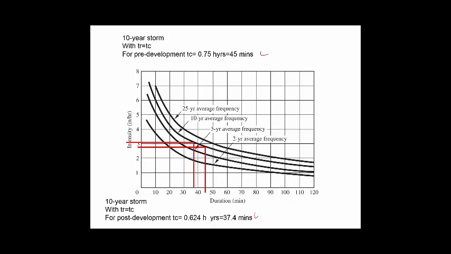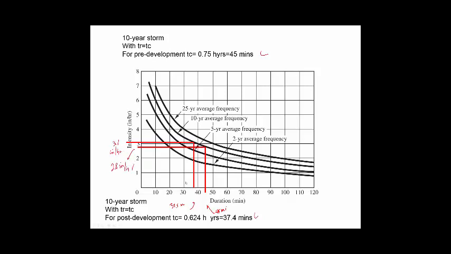So here is the 45 minutes, and here is the 37.5 minutes. So you have here an intensity of 3.1 more or less inches per hour, and here we have 2.8 inches per hour.